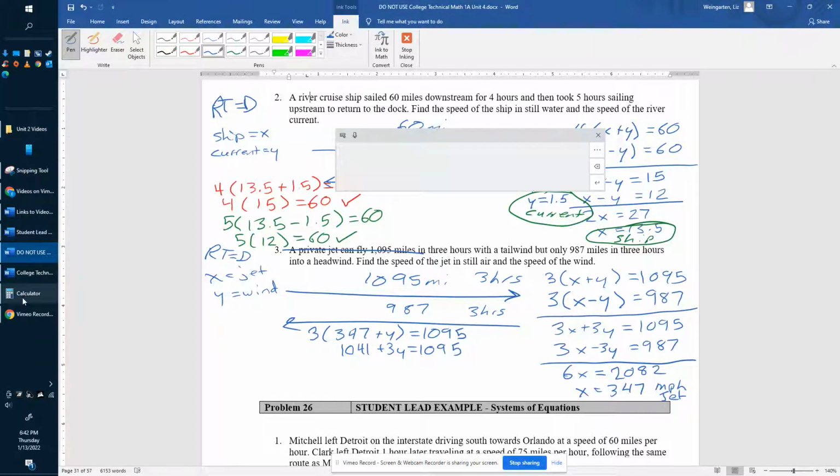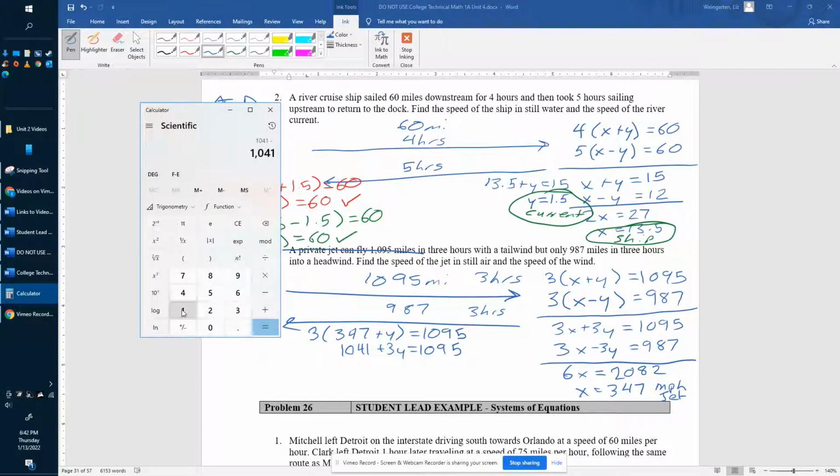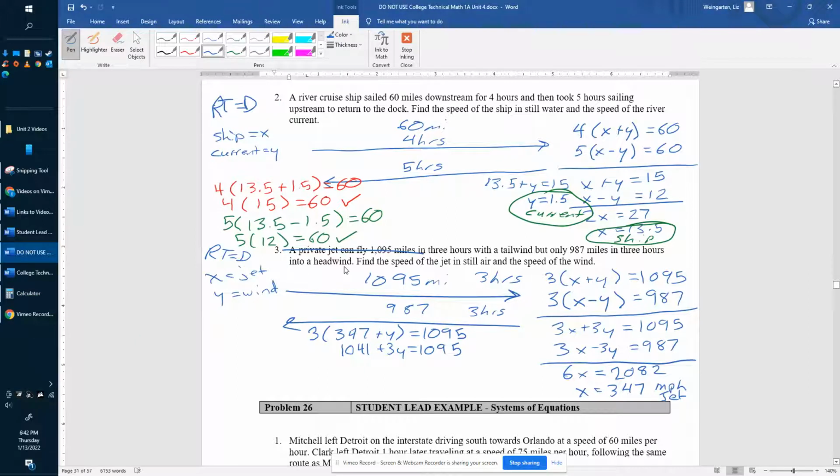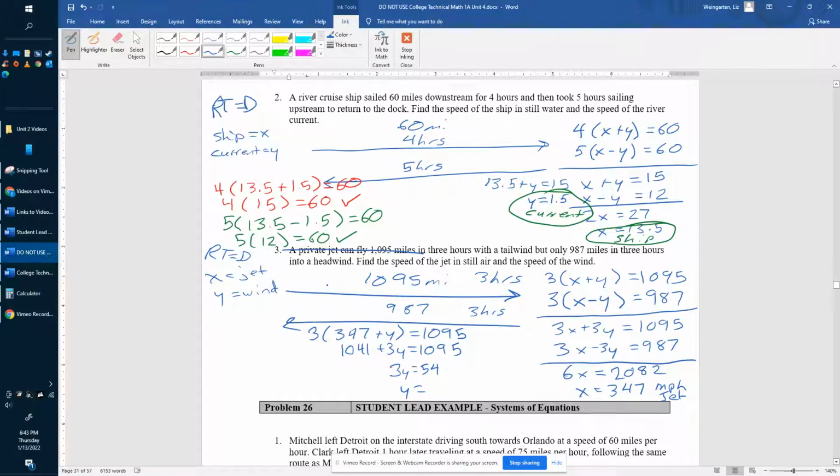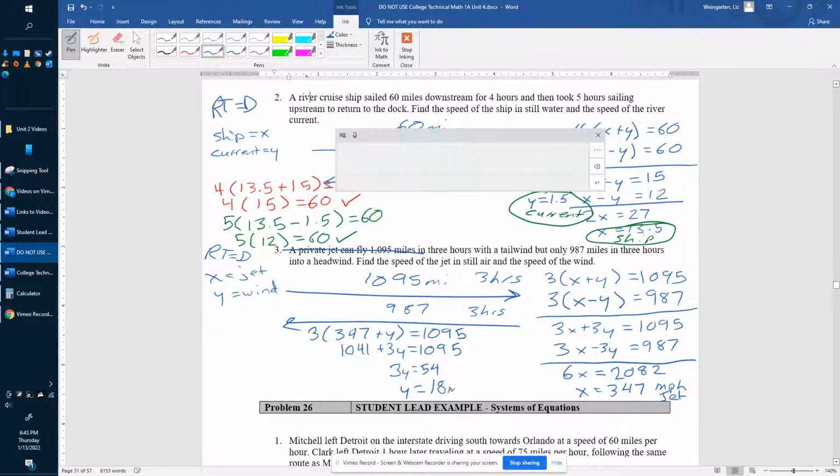Subtract 1041 from both sides. We get 54 equals 3y. Y equals 18 for the wind.